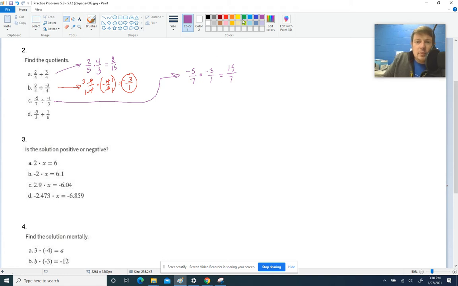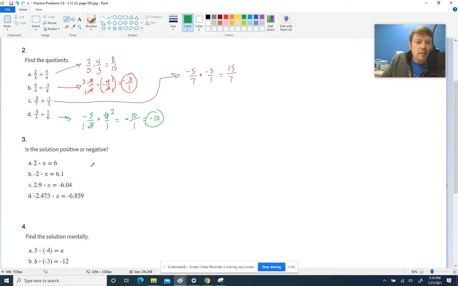And the last one, D, I'll do this one in green, right, y'all? Keep the first one, change it to multiplication, and flip it to its reciprocal afterwards. So that becomes 6/1. A negative times a positive is negative, and we have some common factors. 3 goes into that once and that twice. 5 times 2 is 10, so we get negative 10/1, or just negative 10 for that particular answer.